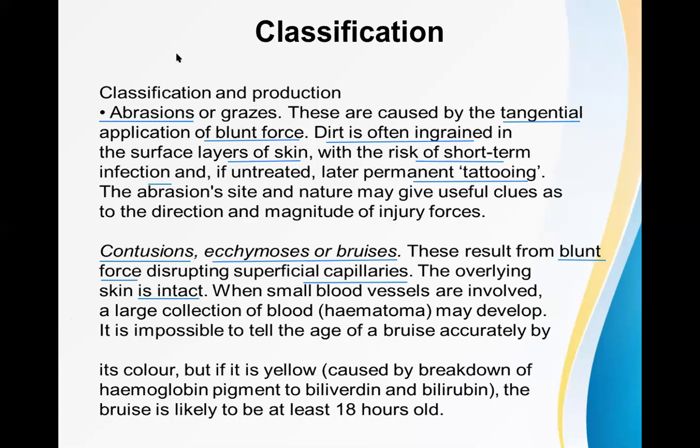The overlying skin is intact. There is no cut on the skin. This is caused by blunt trauma. When these small blood vessels are involved, a large collection of blood, which is known as hematoma, may develop. It depends on the force of the injury.